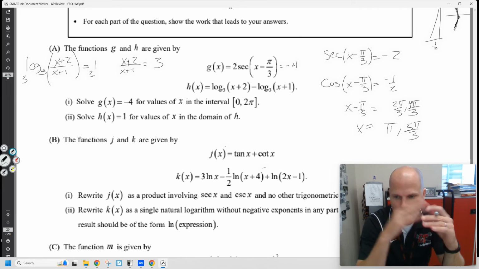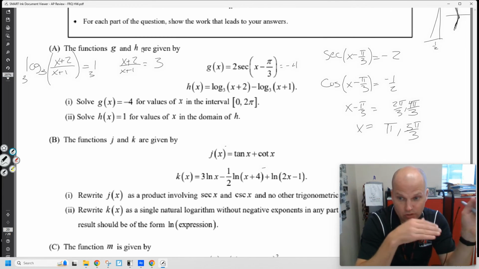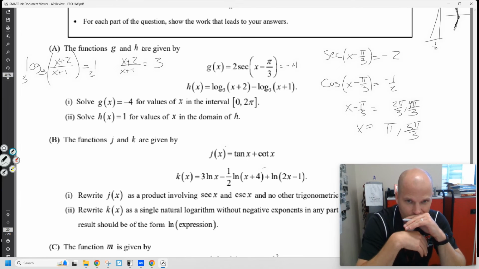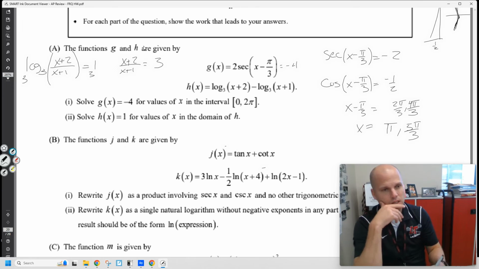If this was an inequality, move everything onto one side, find the zeros at the top and the bottom. Since this is not an inequality, we can just multiply by x plus 1. And it works out.